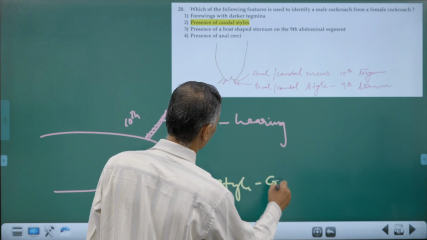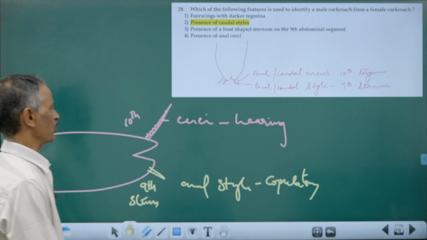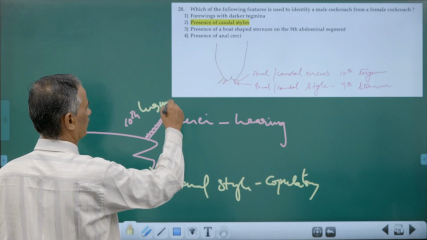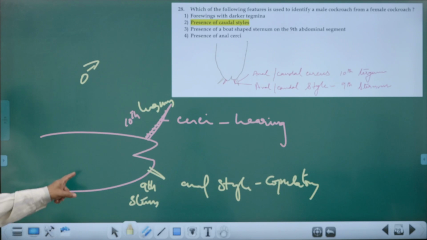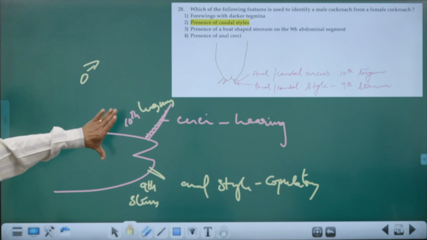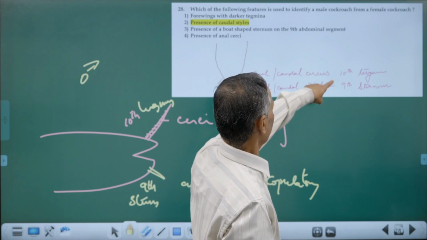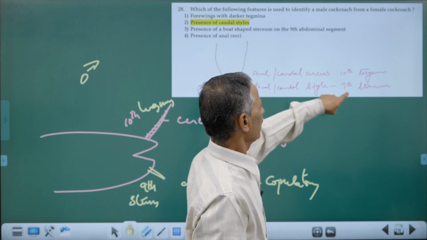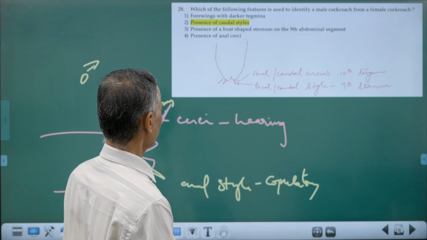Anal style is copulatory in function, helping in copulation. Thus, you can identify easily: anal or caudal cerci arising from the 10th tergum, anal or caudal style arising from the 9th. Clear?